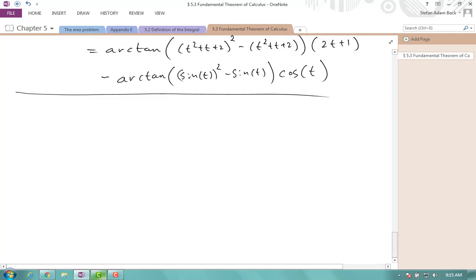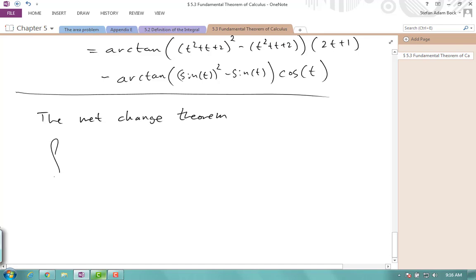Jumping into 5.4, which I've already leaked into a little bit because 5.4 technically contains the indefinite integrals I wrote before, an immediate result from the fundamental theorem of calculus is the net change theorem. So since the integral is an antiderivative of your function, that means the integral of a derivative should involve the original function.